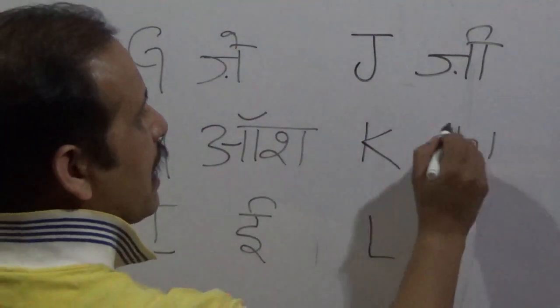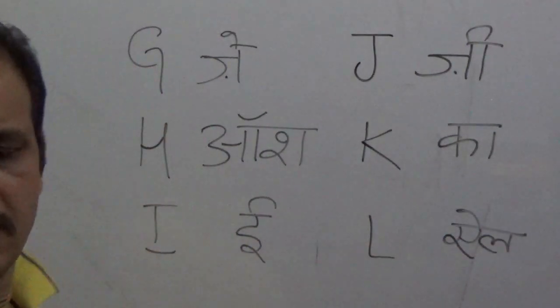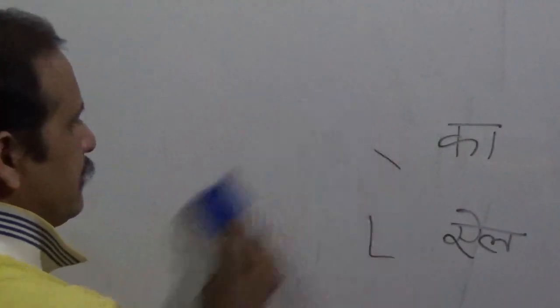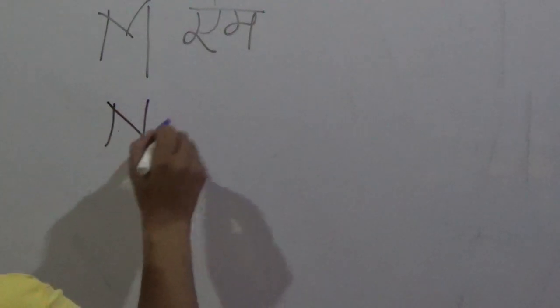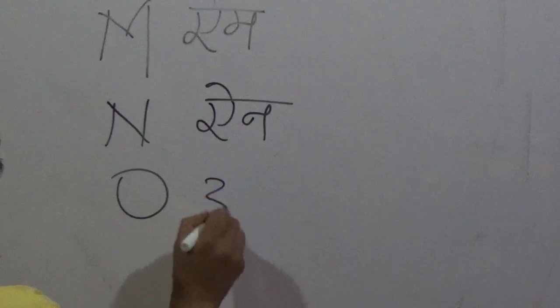This is K. L is L only, even in French. L, M, N and O are the same. M is M only. N is N only.